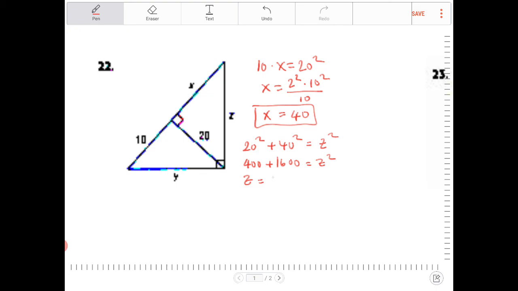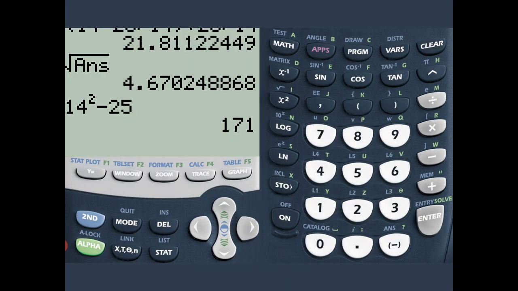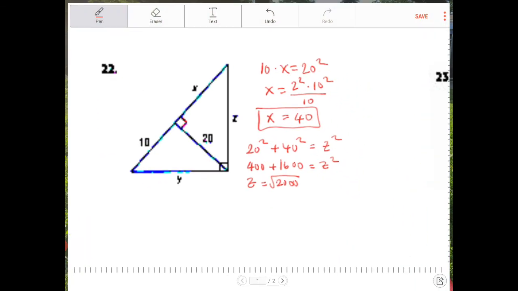So z is equal to the square root of 2000. What would that be? 2,000 is divisible by, well, it's divisible by 100, so why am I struggling over this?